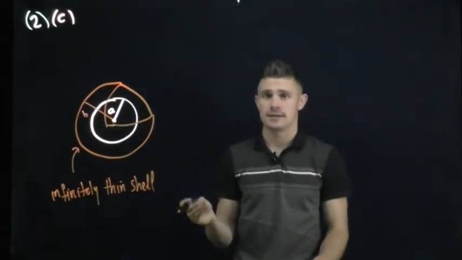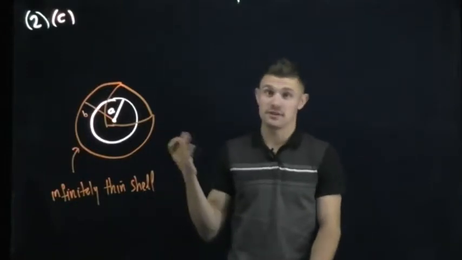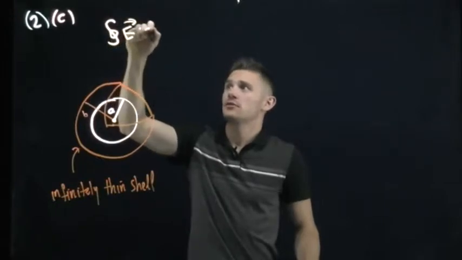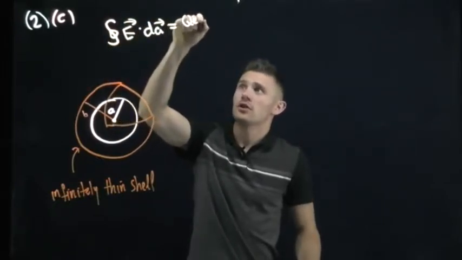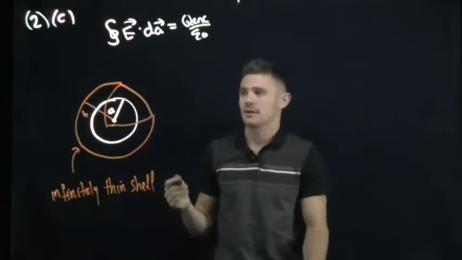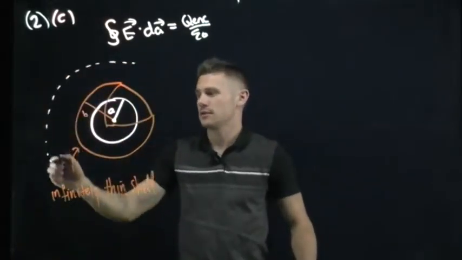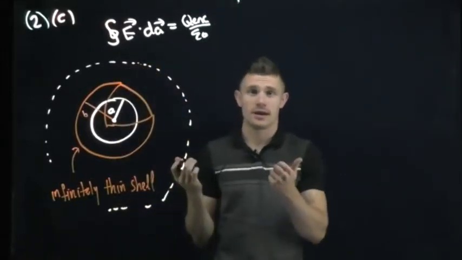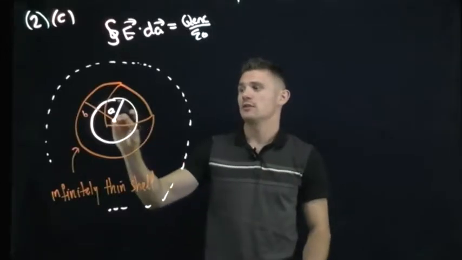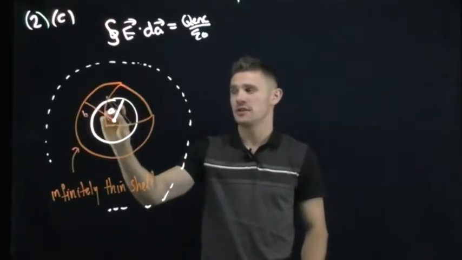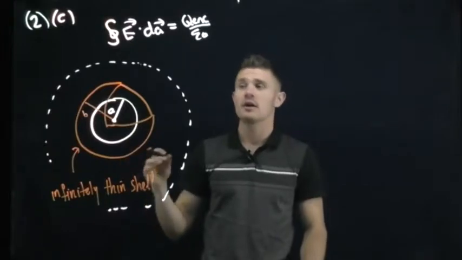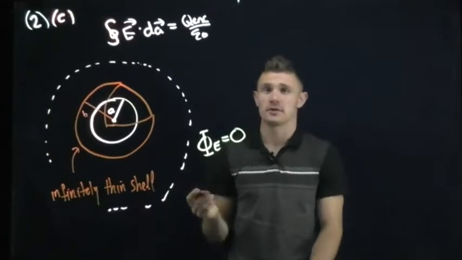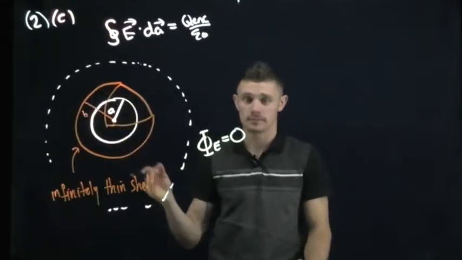And the answer is yes. But why? The answer is symmetry. So if we recall that Gauss's law is the closed integral of E dot dA equals the enclosed charge over epsilon naught. We can see that if we put a Gaussian surface all the way around here, anything flowing outside of this Gaussian surface will be the positive charge from this sphere of charge in the inside and the negative charge from the infinitely thin shell, and therefore the flux coming through the surface is always going to be equal to zero, regardless of whether or not they're centered on the same point.